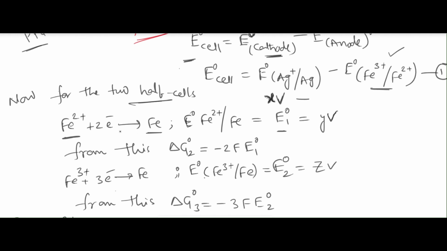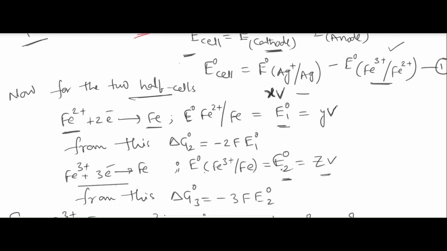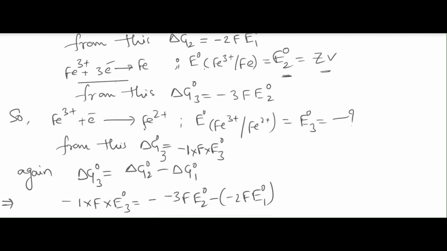Simply, I am writing that in complete equation format; you can also write directly, no issue. Another cell they have given is Fe3+ to Fe, assumed as E2 naught, given as Z volts. By using this E1 naught and E2 naught, we have to calculate E3 naught.